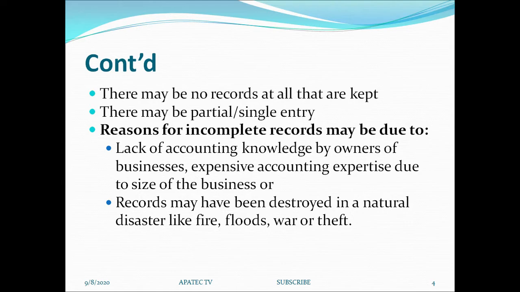The incomplete record may be due to lack of accounting knowledge by the owners of the business, maybe expensive accounting expertise due to the size of the business, or records may have been destroyed in a natural disaster like fire, floods, war, or thieves.